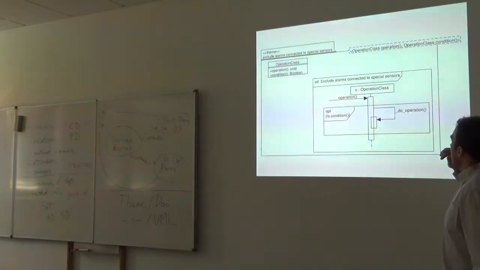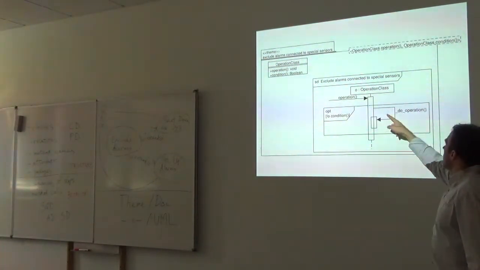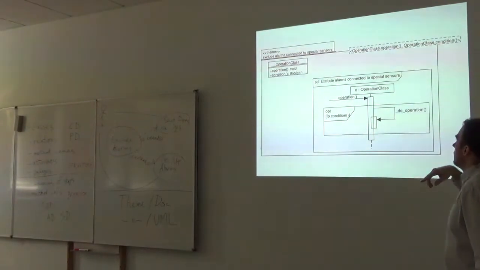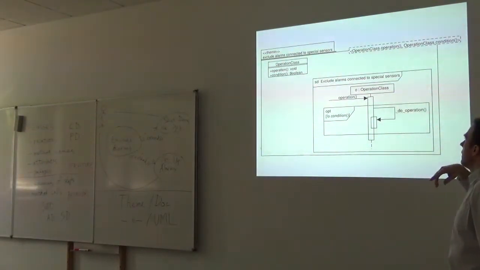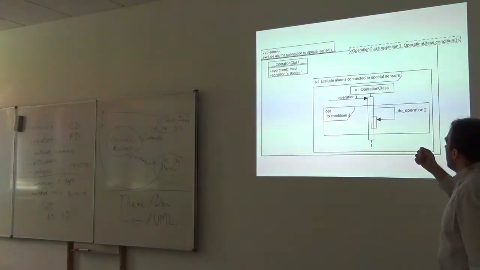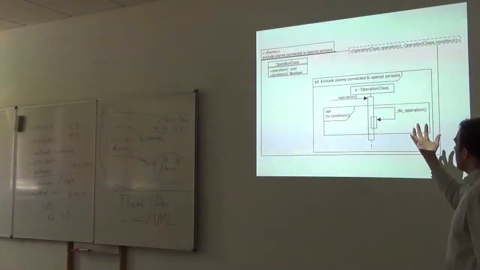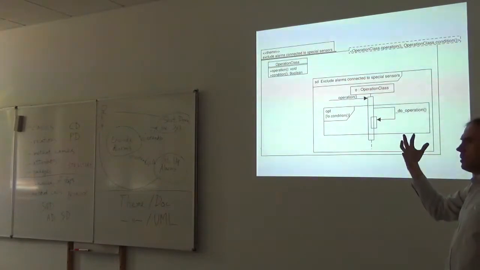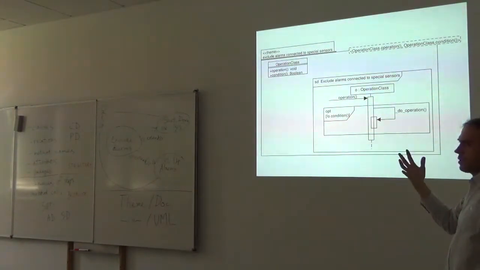If that condition is not fulfilled, then we let the operation be performed, otherwise not. So we need some way to express that, or to look at how this operation is being executed.